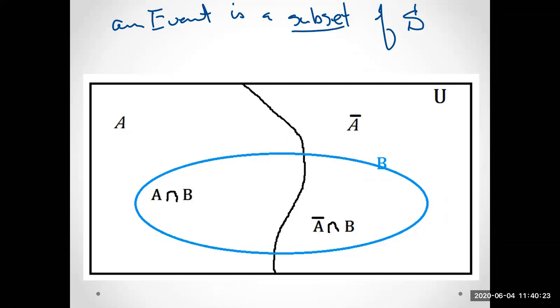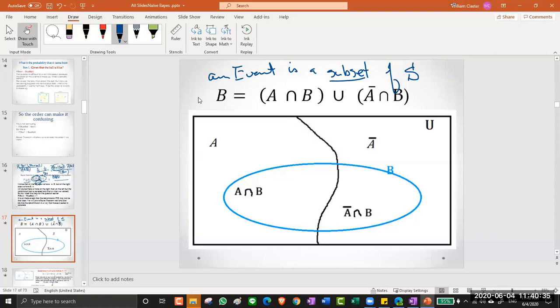A intersection B, complement of A. What did you say? I didn't hear you. A intersection B. Okay, that's not what I meant. My question wasn't very good. Okay, anyway, there are 3 events. A, A complement, and B. Okay?